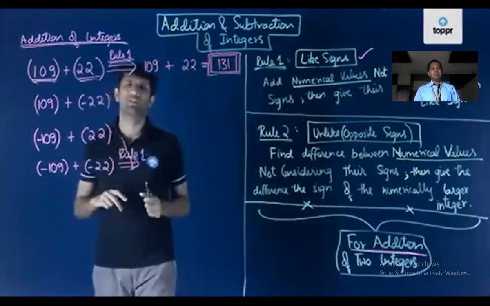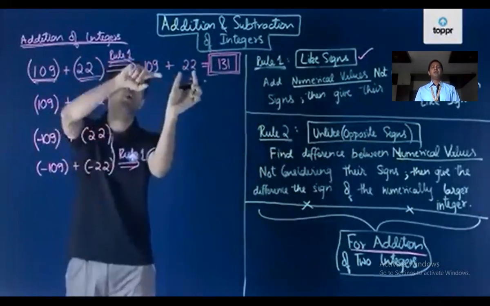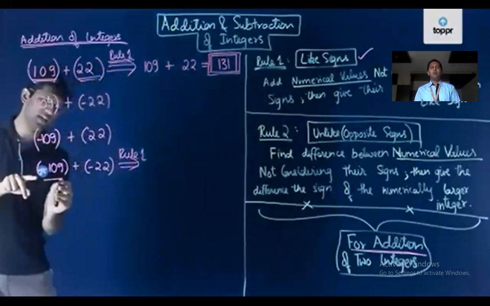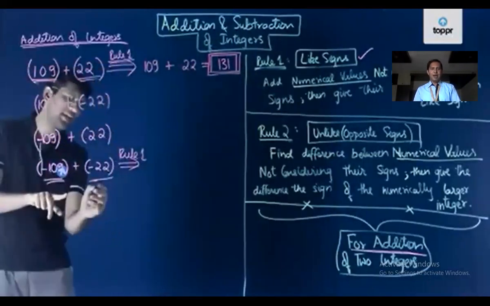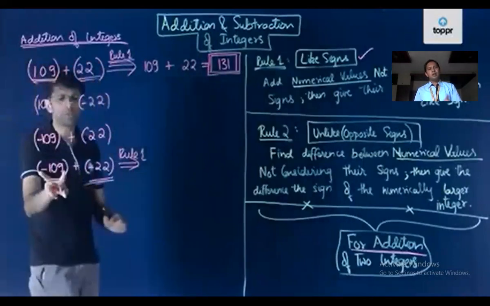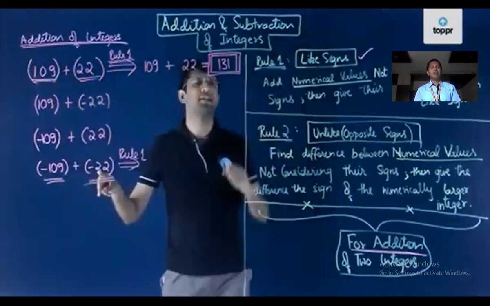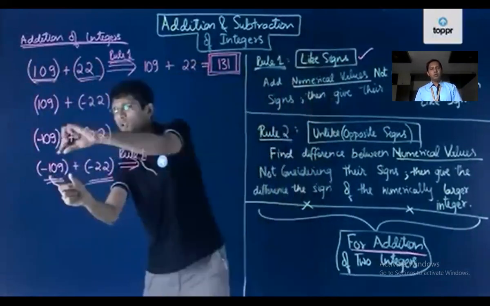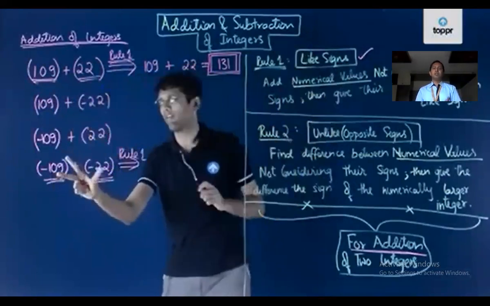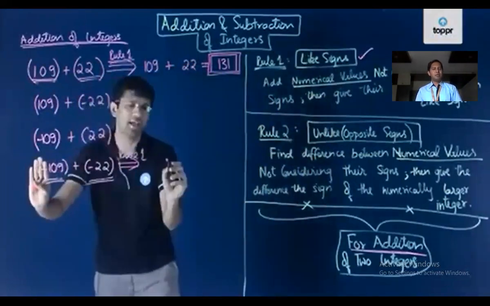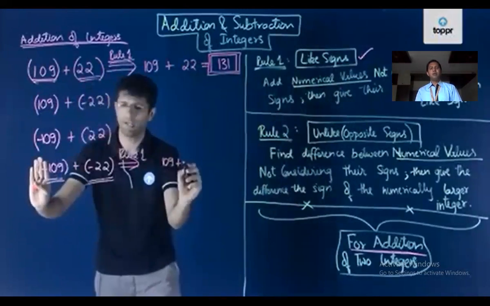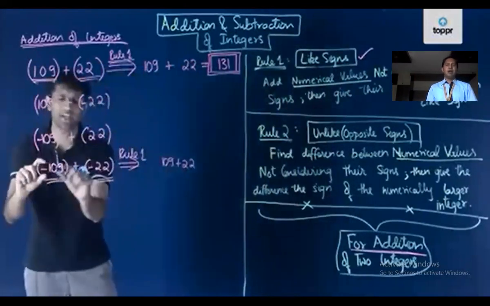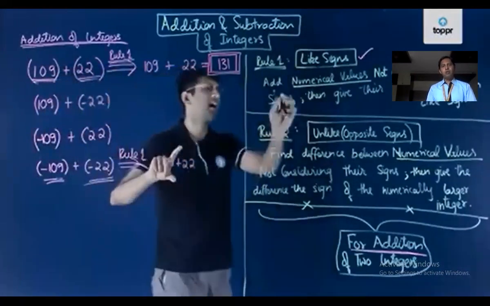Now we'll consider the last case, case 4: 109 negative and 22 also negative. Both numbers are negative, so we have like signs, and again we apply rule 1. Without considering the sign, we add the numerical values 109 and 22, and then give the sum the common like sign, as both numbers are negative.